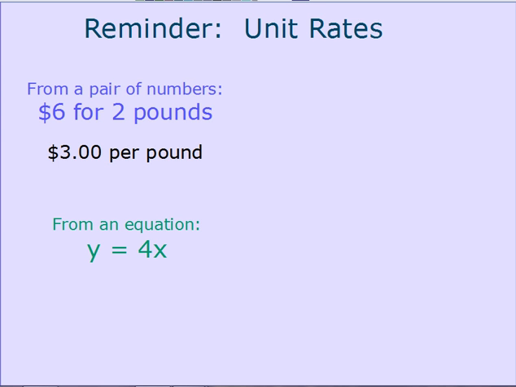From an equation, this is something that we haven't done a whole lot of, but from an equation, we would be looking for this number in front of the x. That 4 right there is hugely important to me because that means my unit rate is $4 per pound. Over the next few lessons, we'll find out why that's our unit rate. But for now, look for the number in front of the x.